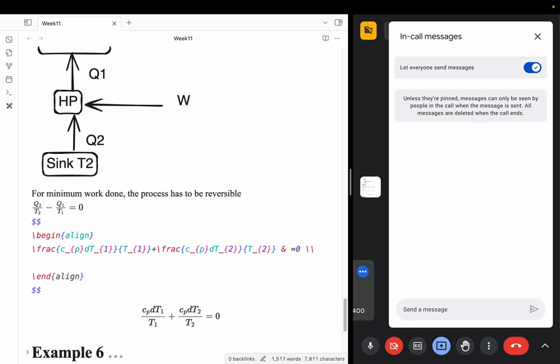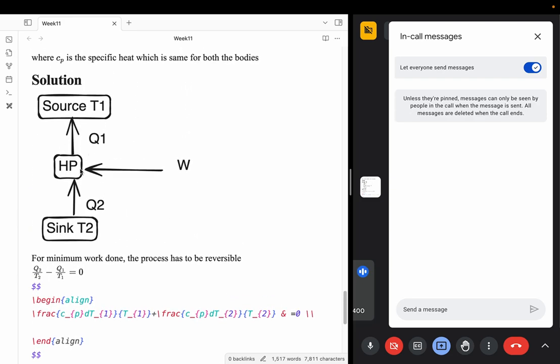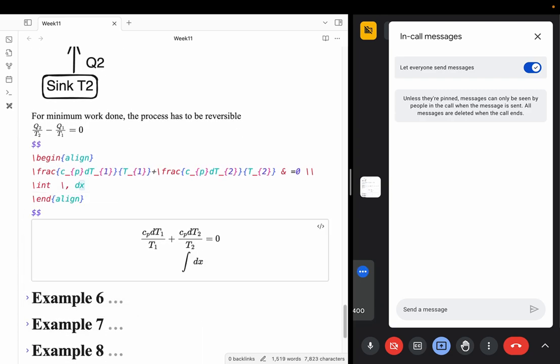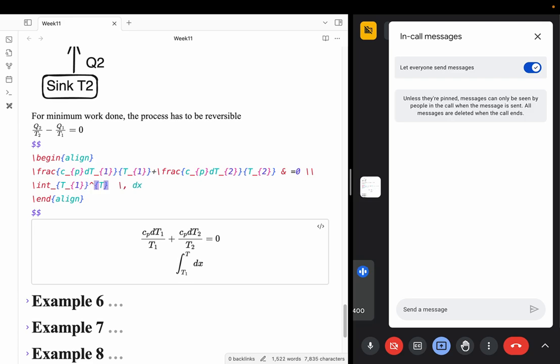So finally, when will the heat pump stop operating? It is when both the source and sink temperatures are the same. That's when it will stop. If you just do the integration between the limits, let's say the initial temperature is T1 to the final temperature, call it T final. Now we have two of them.